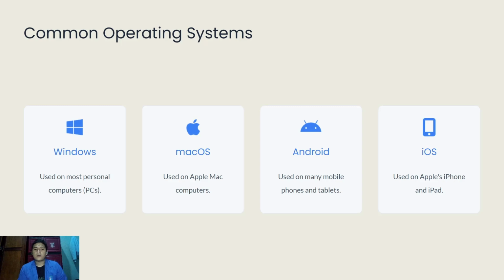The second one is macOS, used on Apple Mac computers such as the MacBook and iMac. The third one is Android, used on many mobile phones and tablets, such as Samsung, Xiaomi, or Oppo. And the last one is iOS, used on Apple iPhones and iPads, only within Apple's ecosystem.